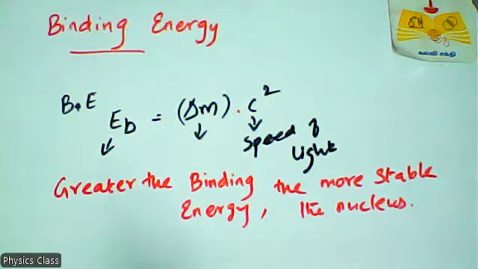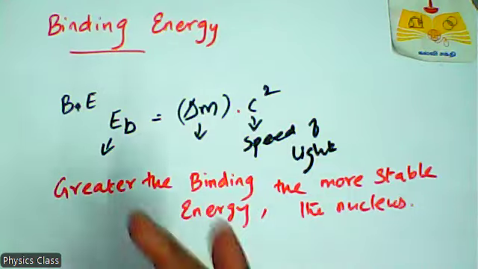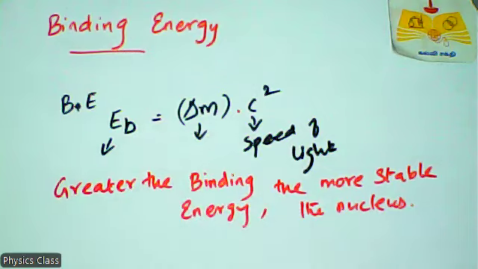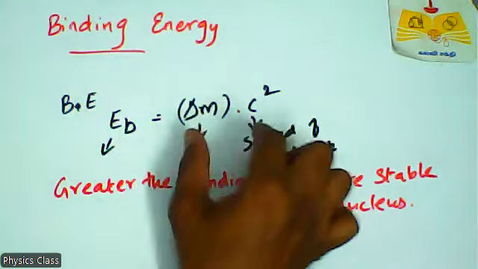Like in the case of iron 56, that has a mass difference. That mass is converted into energy. The energy is called binding energy, which is equal to delta m times c squared.